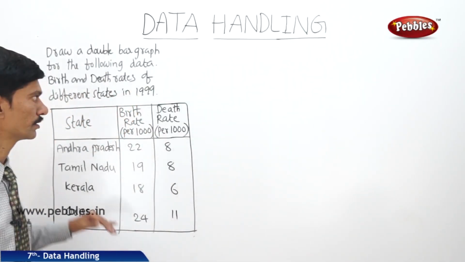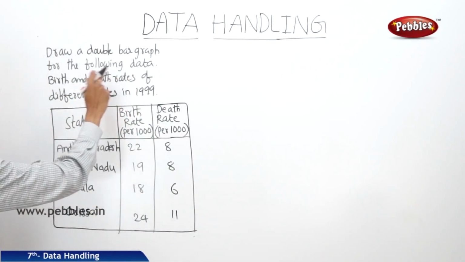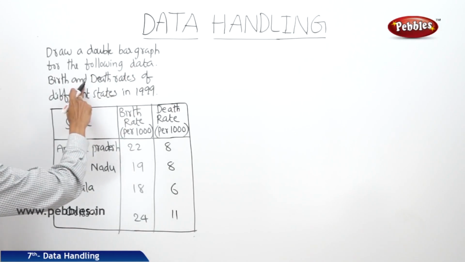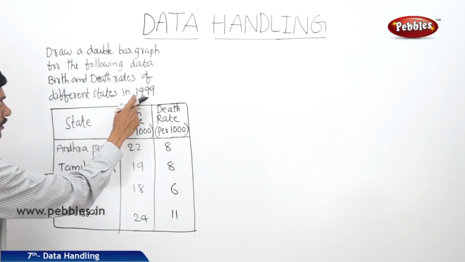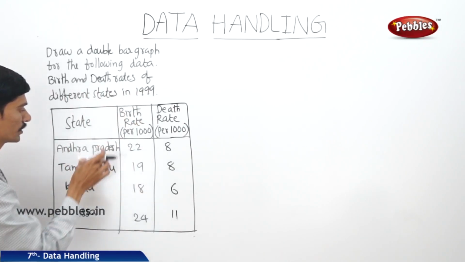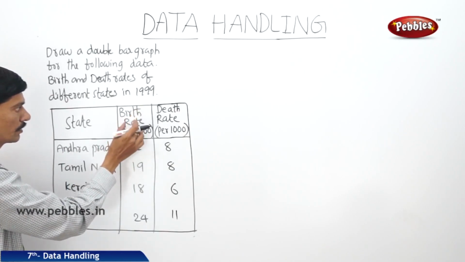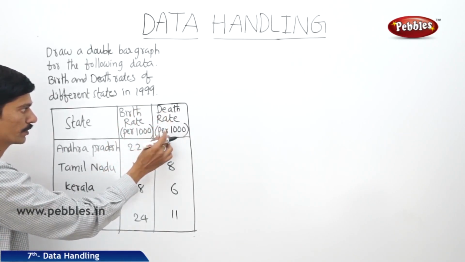Now let us draw a double bar graph for the given data. Draw a double bar graph for the following data: birth and death rates of different states in 1999. In the first column the different states are given, in the second column birth rate per thousand, and the third column death rate also per thousand.